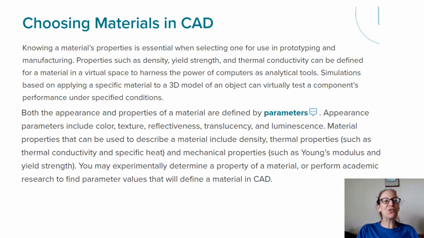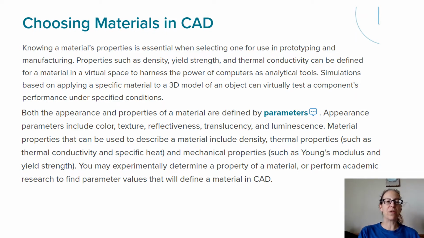All right, so choosing materials in a CAD system. So we just finished a lesson where we talked about a material's properties, and we learned that it's essential for selecting a material for whatever design you're manufacturing. Properties such as density, yield strength, and thermal conductivity can be defined for a material in a virtual space to harness the powers of computers as analytical tools.